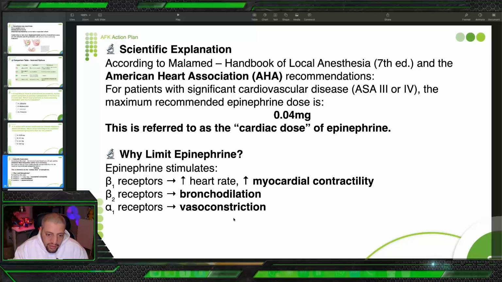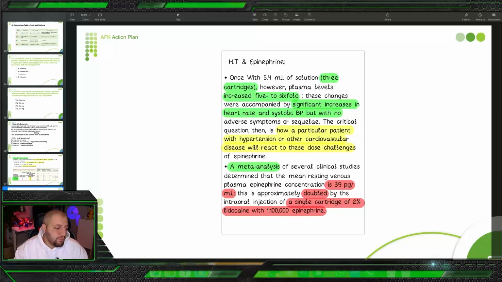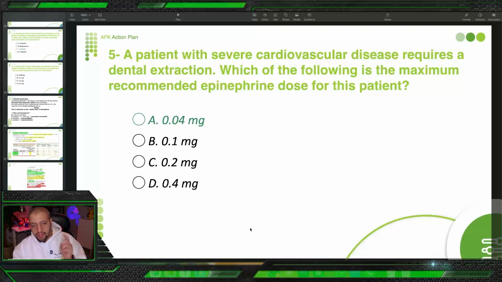This is the one we care for, and this is the study that was done, written in the same textbook, just copy and paste of the information. So the answer for this one will be 0.04 milligram for the patient, which is equivalent to 1 carpule of 1 to 50,000, 2 of 1 to 100,000, 4 of 1 to 200,000.